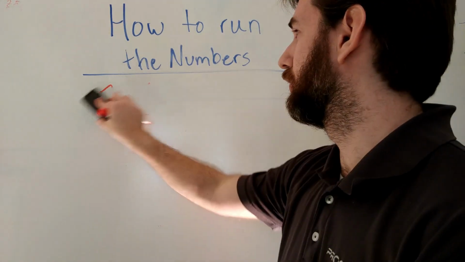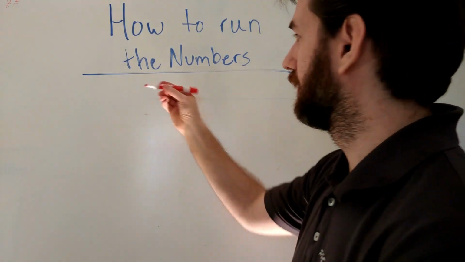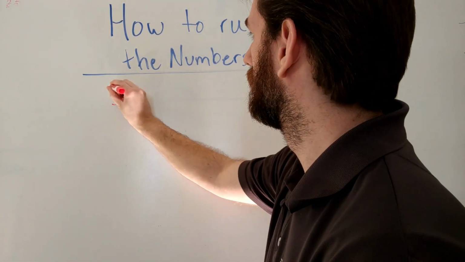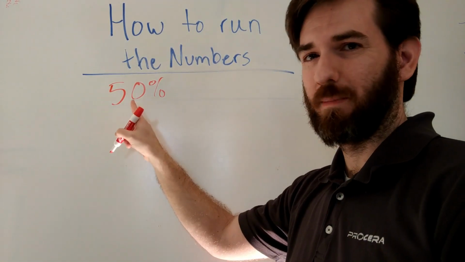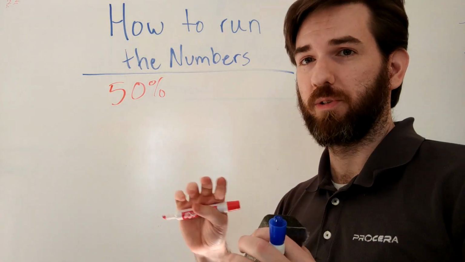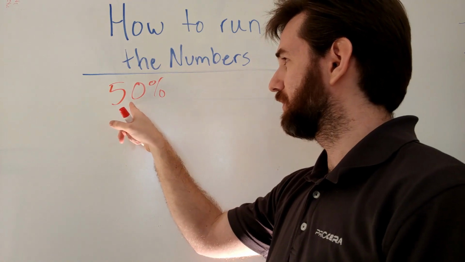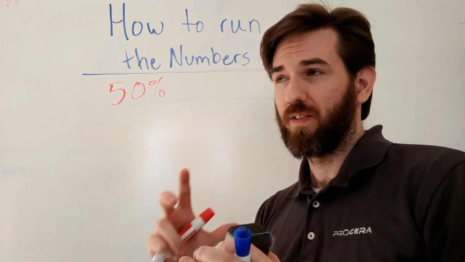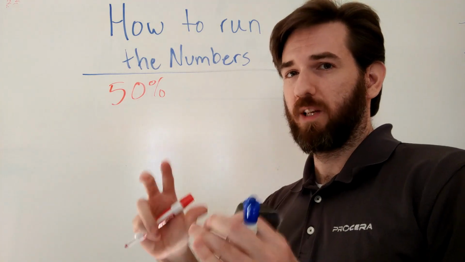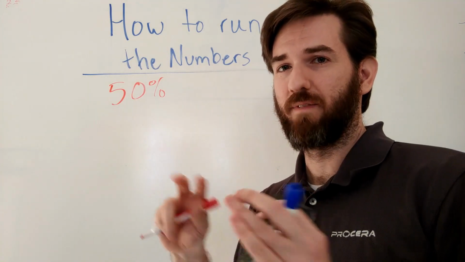So now we'll go on to the 50% rule. The 50% rule is basically a simplification of what I was talking about, the expense ratio. The 50% rule basically states that you assume the operating expenses of the property are 50%.